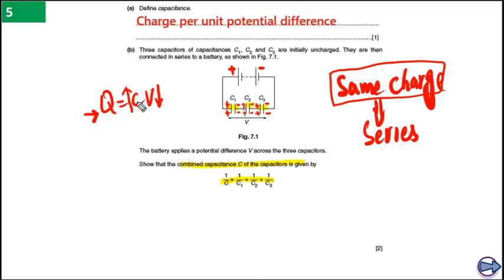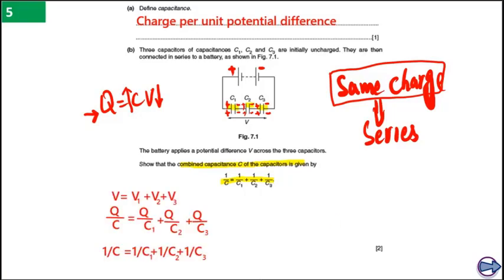So for a big capacitor, the potential difference will be lower. If it's a small capacitor, the potential difference across that capacitor will be higher. Based on this, we can derive the formula. I have already derived this one for you, so you can see it is quite neat and clean. I will explain the main concept now.